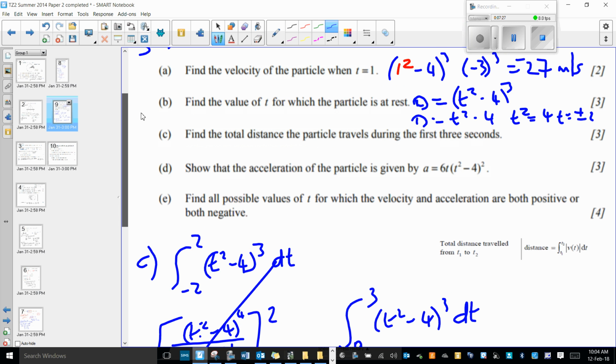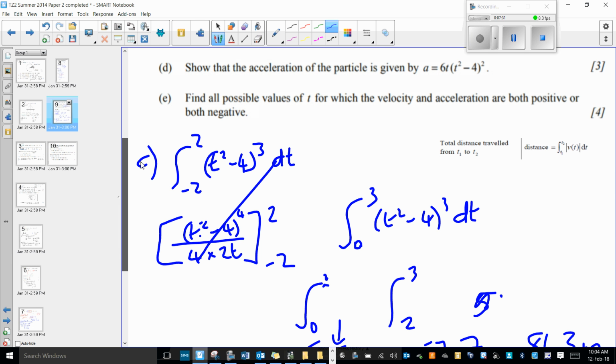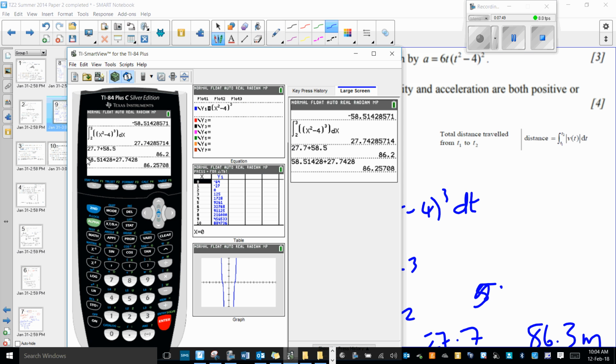There we go. Find all possible values of t for which the velocity and acceleration are both positive or both negative. To be honest, I think the easiest thing, because we need to find whether they're both positive or negative, is just to plot them on the same graph. I've already put that one in. Great.